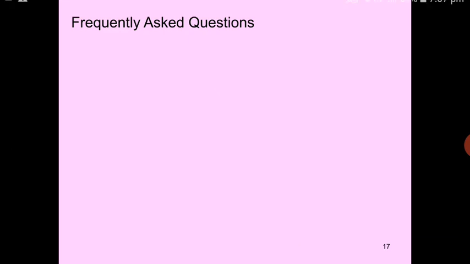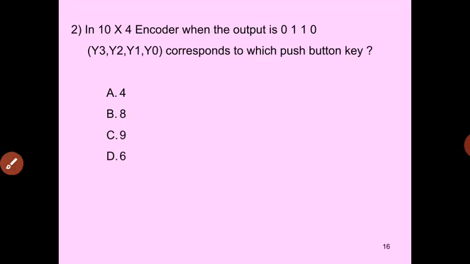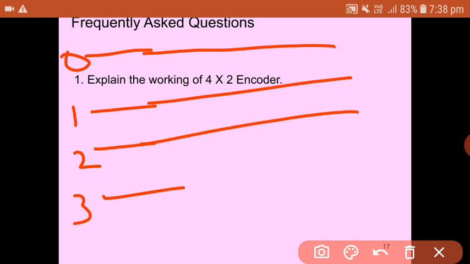Let us say this is 0th switch, this is first switch, this is second, and this is third. Correspondingly you need to have the circuit.